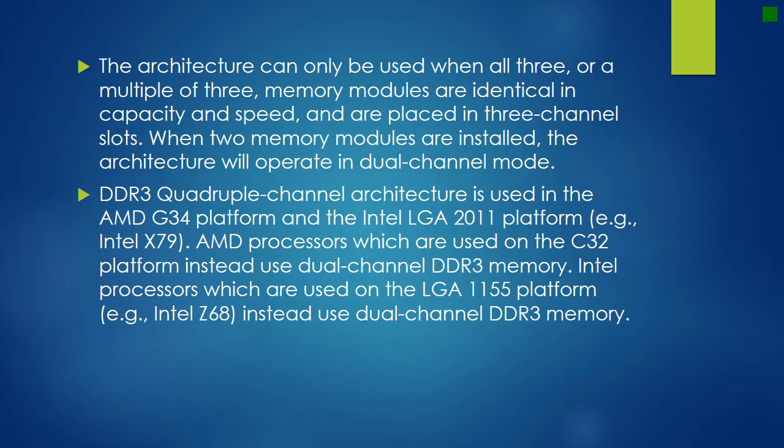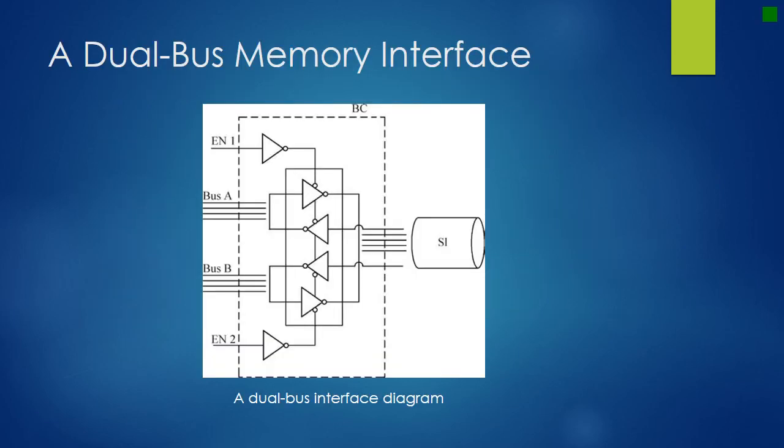DDR3 quadruple channel architecture is used in the AMD G34 platform and the Intel LGA 2011 platform. AMD processors which are used on the C32 platform instead use dual channel DDR3 memory. Intel processors which are used on the LGA 1155 platform instead use dual channel DDR3 memory.